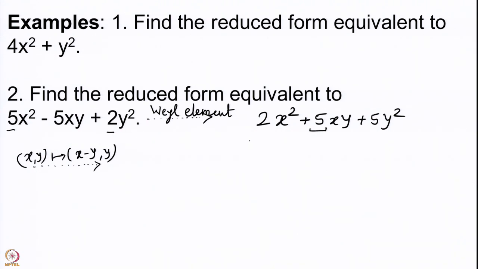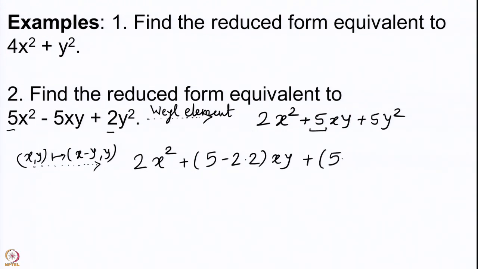These are the only quantities that we allow for the coefficient of xy to take. So, I subtract y, therefore, the effect will be that twice of 2 will be subtracted from 5. The coefficient of x square remains as it is. Here we get it to be 2 into 2.